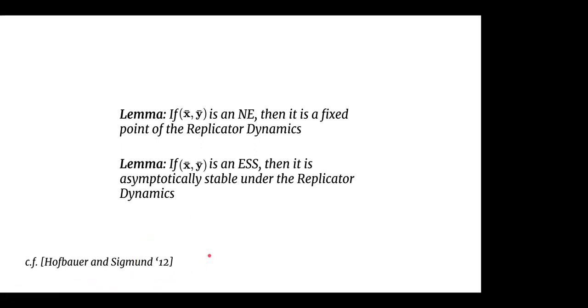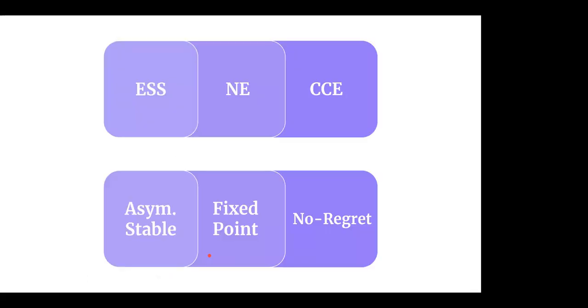Okay. So these two results allow us to connect the properties of dynamical systems, or the properties of the ODE, to the game theoretic properties, right? So we know that the algorithm or the ODE is no regret, so we're converging to the CCE. We know that if the point is a Nash equilibrium, it's a fixed point, and we know that if it's an ESS, it's asymptotically stable. So we have connections between the game theoretic and the dynamical properties of this problem.